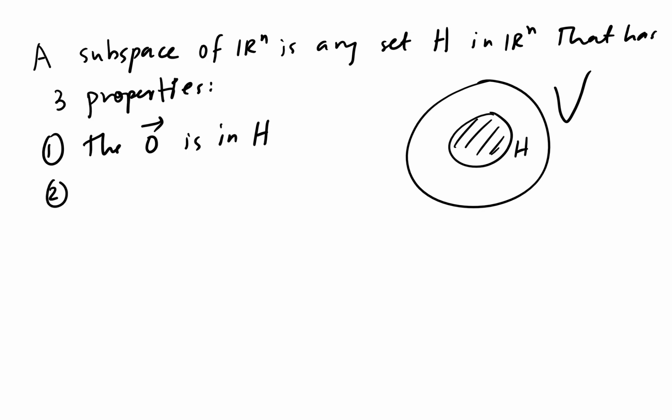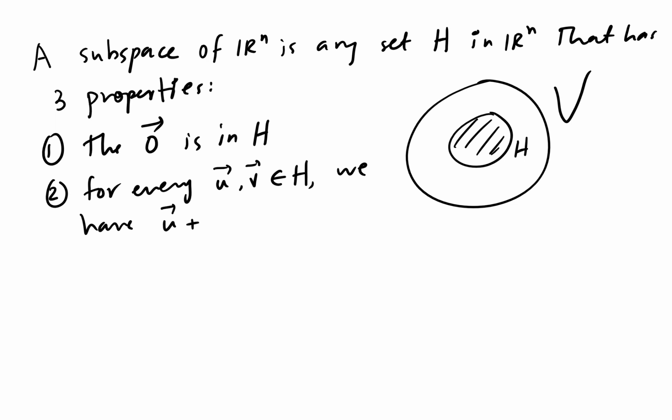So a subspace of Rn is any set H in Rn that has those three properties. The first one, the zero vector is in H. Second, for every vectors u and v in H, we have their sum also in H. So this is the closure under addition.